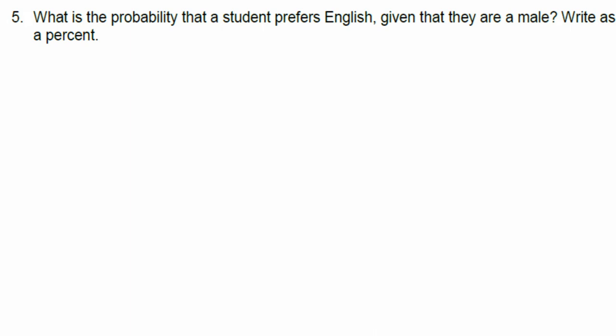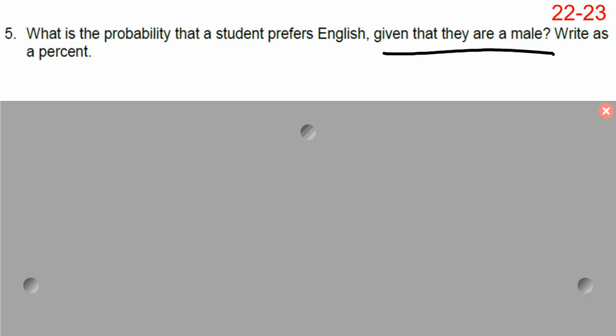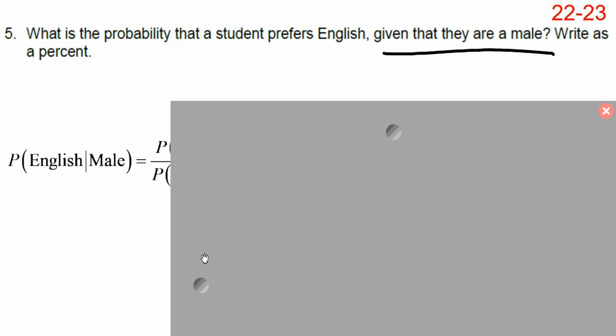Our next question is, what's the probability that a student prefers English given that they are a male? And again, write it as a percent. So here, what's going on? We have to recall that we have some stipulations. It says, given that they are a male, so we're reducing our sample size, right? We want to look at how many males were part of the survey and what would be the probability of those preferring English.